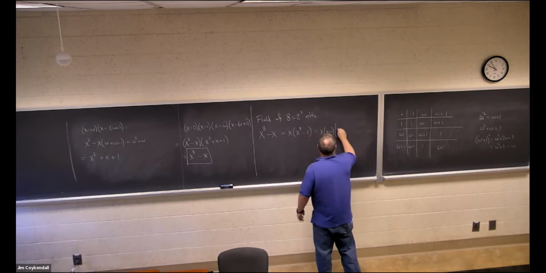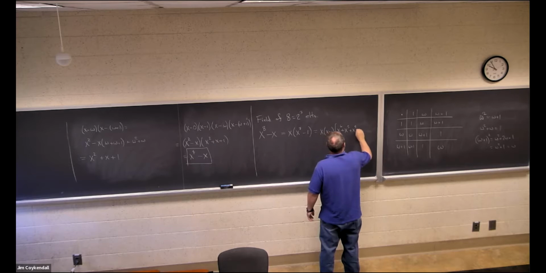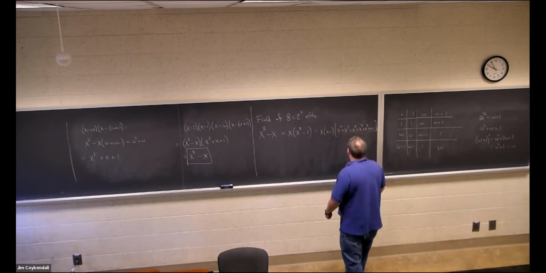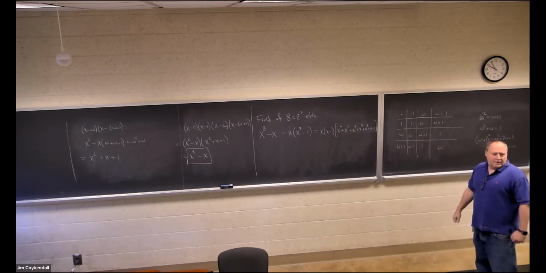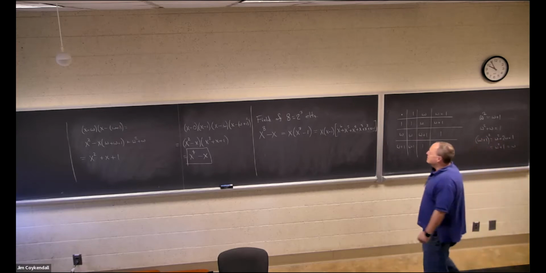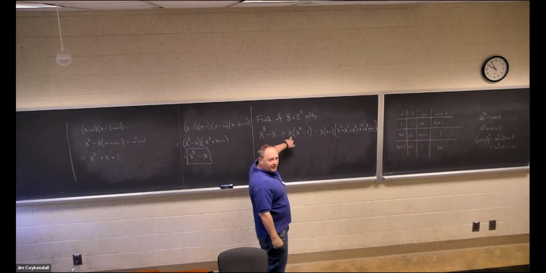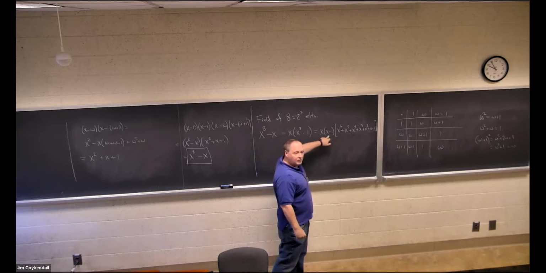This should be X to the 6 plus X to the 5 or... well, I know that when I plug in 0, I get 0, so that means it's got a factor of X. This one, I know that when I plug in 1, I get 0, so that means that's got an X minus 1 factor.